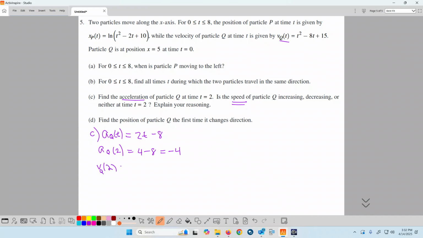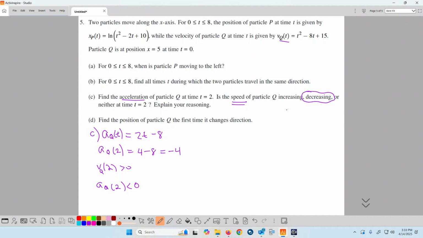So I want to write V_Q of 2 is greater than 0. Who cares what the number is, right? I also want to write that the number we just got, A_Q of 2, is negative, less than 0. When the velocity and the acceleration have the same sign, your particle is speeding up. But these are opposite signs, which means particle Q is slowing down at a time of 2.